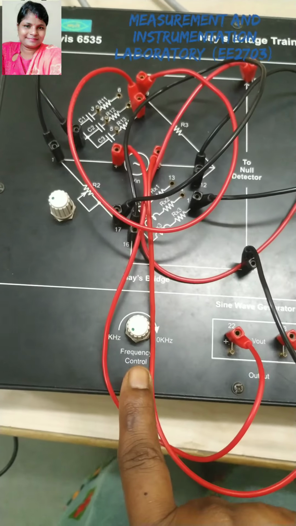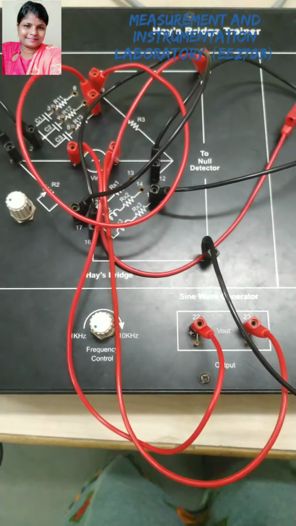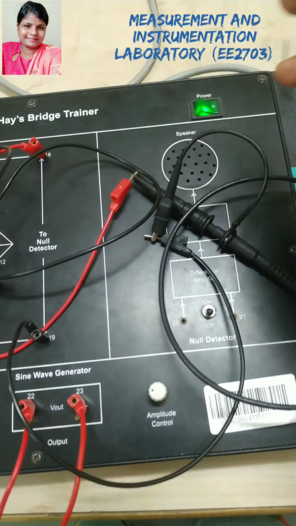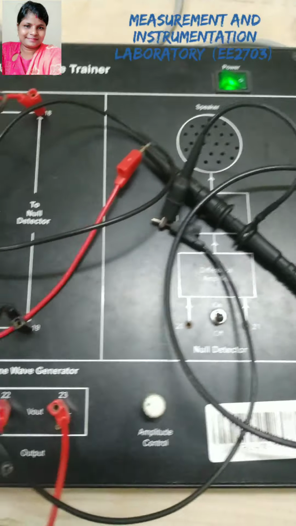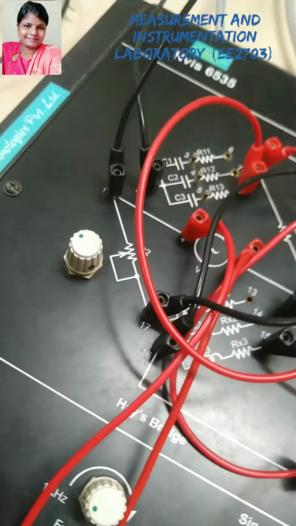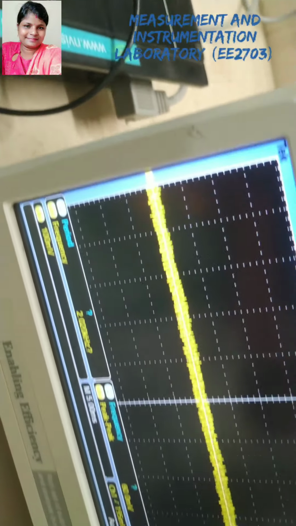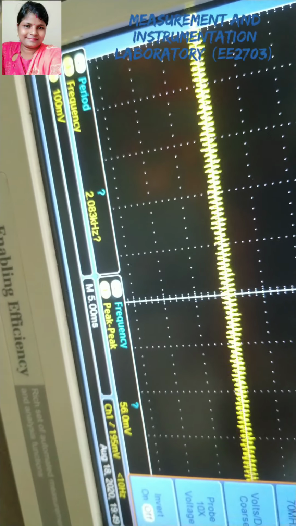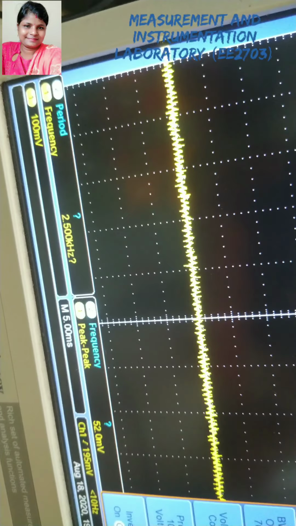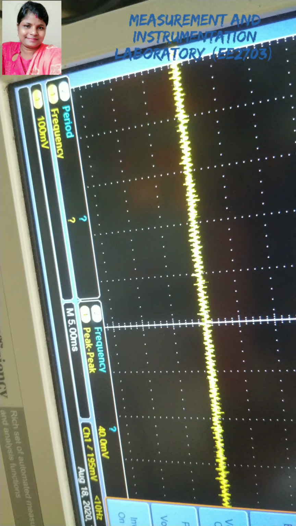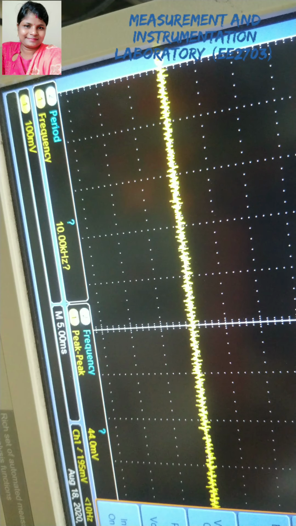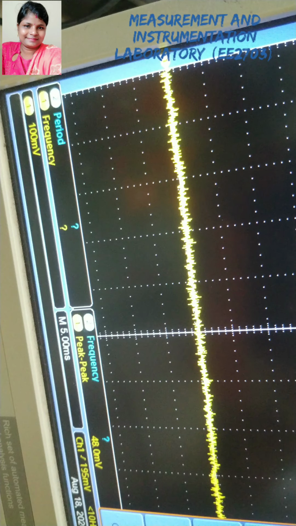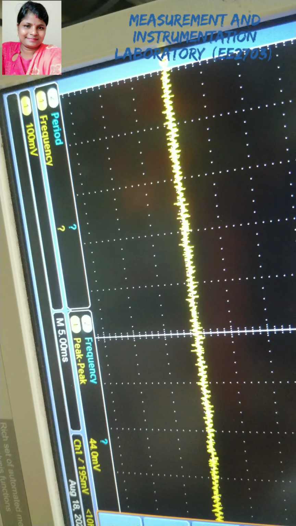And this one fixed 2 kilohertz and this one should be minimum, and then switch on the power supply. Next vary the potentiometer and check the peak to peak voltage. Where the voltage is minimum, the bridge is balanced. So here 40.